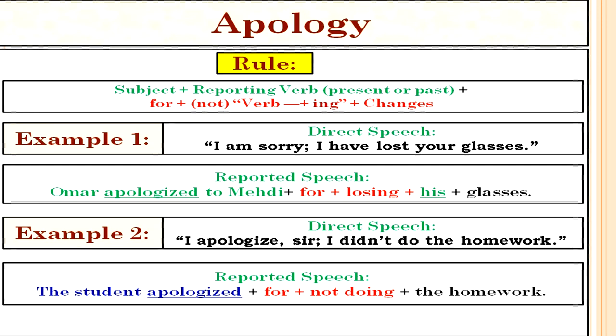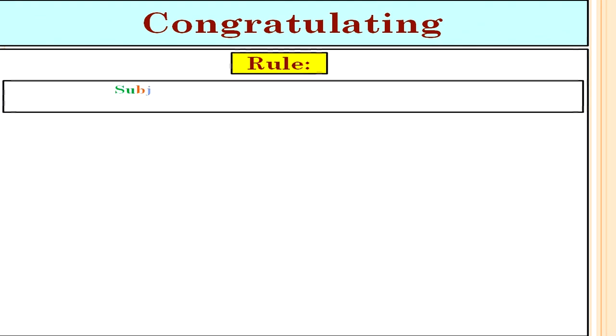The last part of this video is congratulating. According to the rule, we have the subject plus the reporting verb in the present or the past tense, plus on, plus the verb plus ing, and the other changes depending on the tense of the reporting verb.